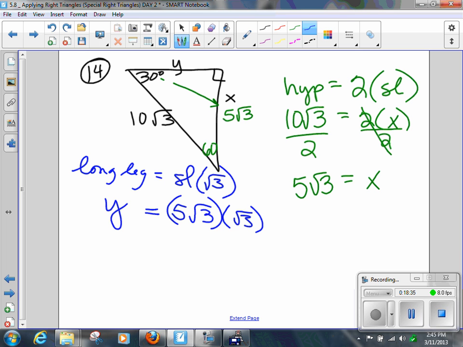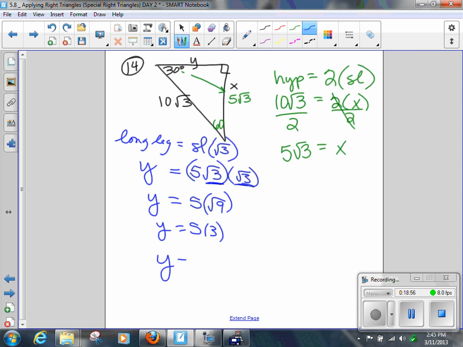What can we multiply together? The root 3's. What's root 3 times root 3? Root 9. What's root 9? So the long leg is 15.